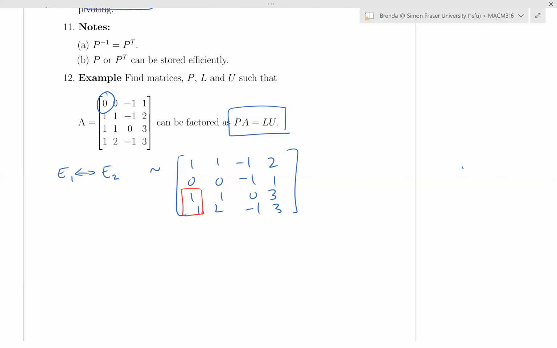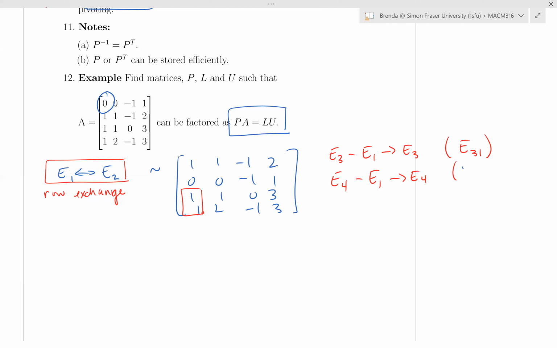So I'm keeping track of this, I've made a row exchange. Now I'm going to make those two things zeros, and there are two row operations I need to do that. I would take E3 and subtract E1, and I'll put that back into E3. That's going to be elementary matrix E3. Then I'm going to take equation 4, that's row 4, and subtract equation 1, and put that back in equation 4.